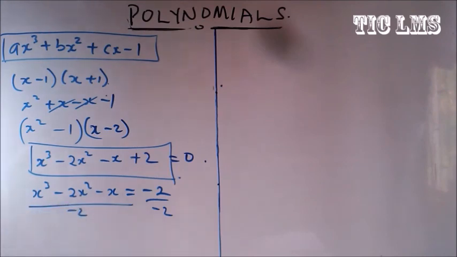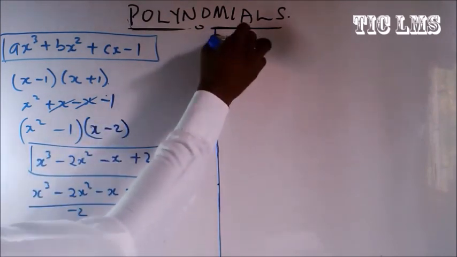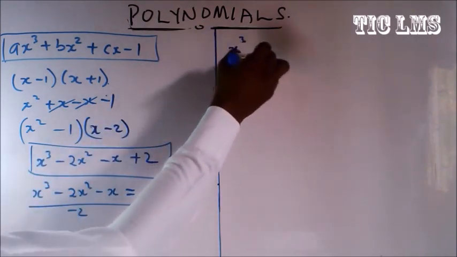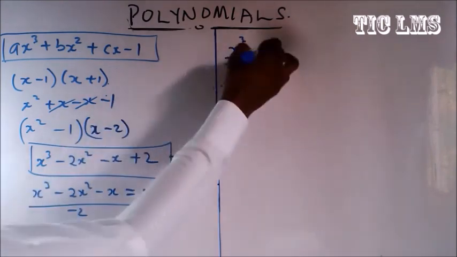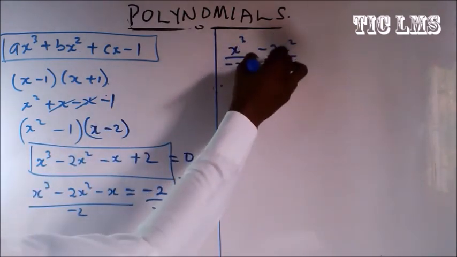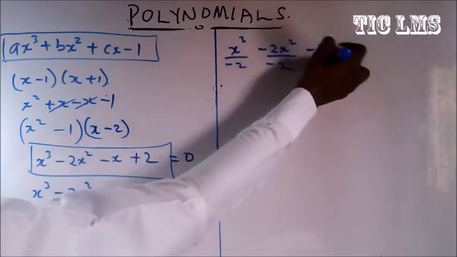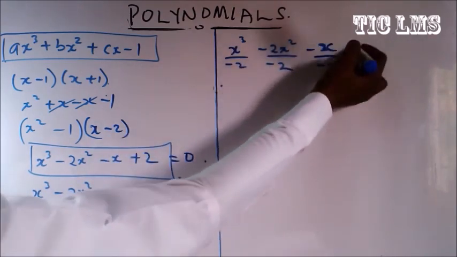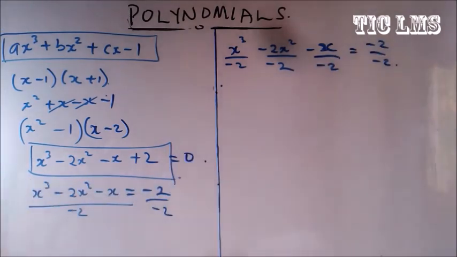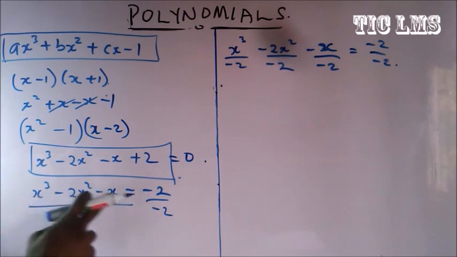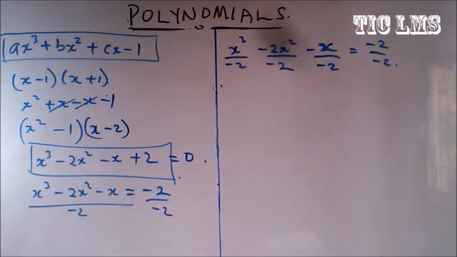Now, what does this mean? This actually means x cubed over minus 2, and then minus 2x squared over minus 2, then minus x over minus 2 equal to minus 2 over minus 2. That is the effect of this minus 2 across these three variables.